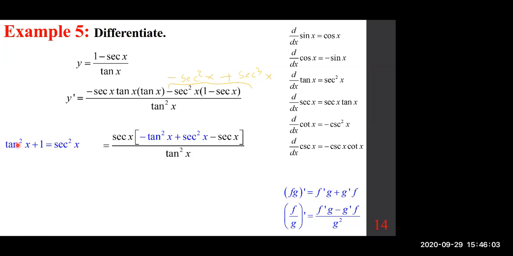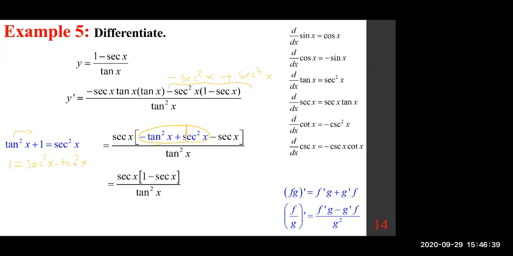Now, if I take the tan squared to the other side, I get 1 equals secant squared x minus tan squared x, which is precisely this one. And this is as simple as it gets.